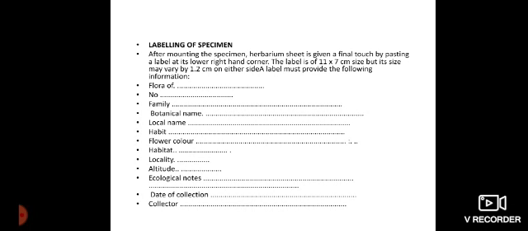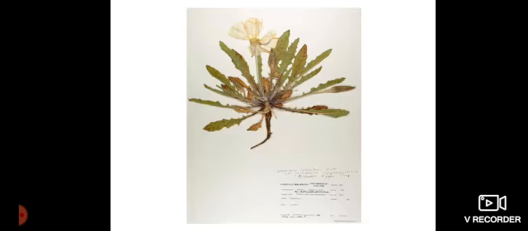That should contain the flora and date of collection, family, botanical name, local name, habit, flower color, habitat, locality, date of collection, and name of collector.